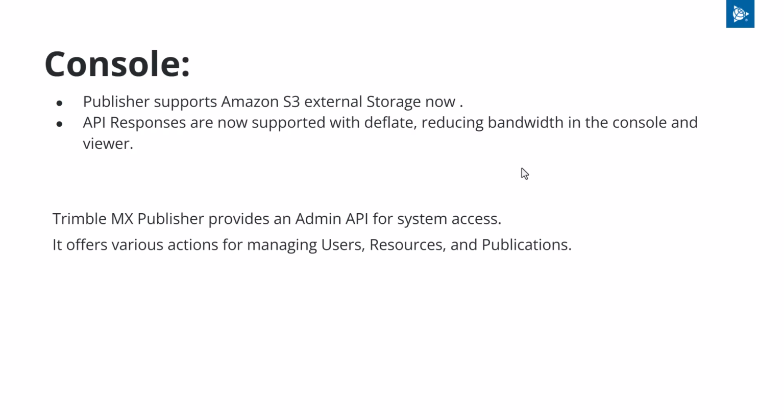Also, the deflate option helps to optimize the bandwidth of your API responses, so the data will be delivered faster to the console and viewer. By the way, Trimble MX Publisher provides an admin API for system access. It offers various actions for managing users, resources, and publications.